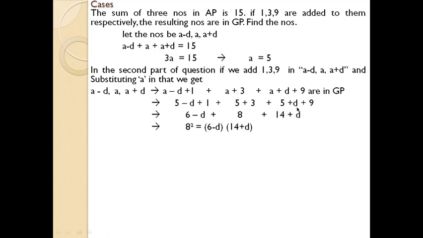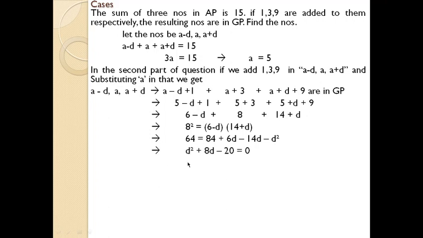On the basis of that concept, we have developed this: 8 square equal to 6 minus d into 14 plus d. By solving that, you will get 64 equal to 84 plus 6d minus 14d minus d square. This is obtained by opening these two brackets, multiplying each item with each of the items in the next bracket.